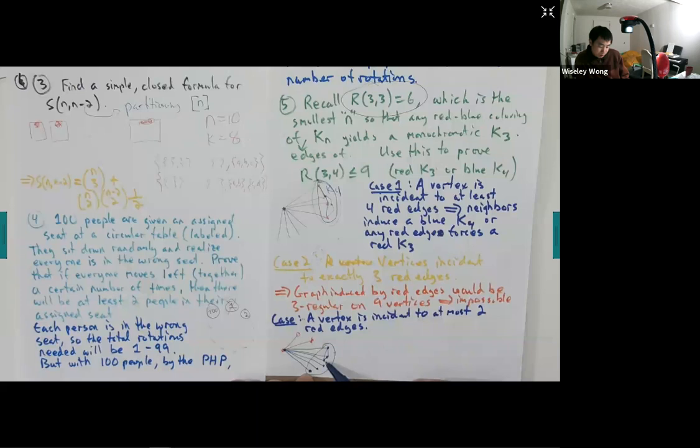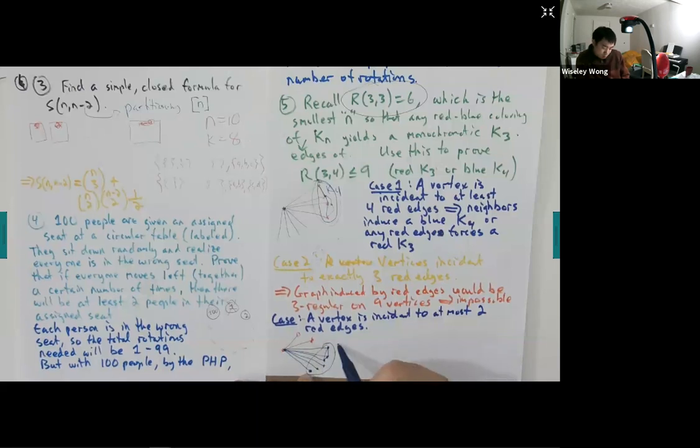But then what happens here? This K3, along with all the edges joining to this one, forms a blue K4. Therefore it forces, either way, either a monochromatic red K3 or a monochromatic blue K4.